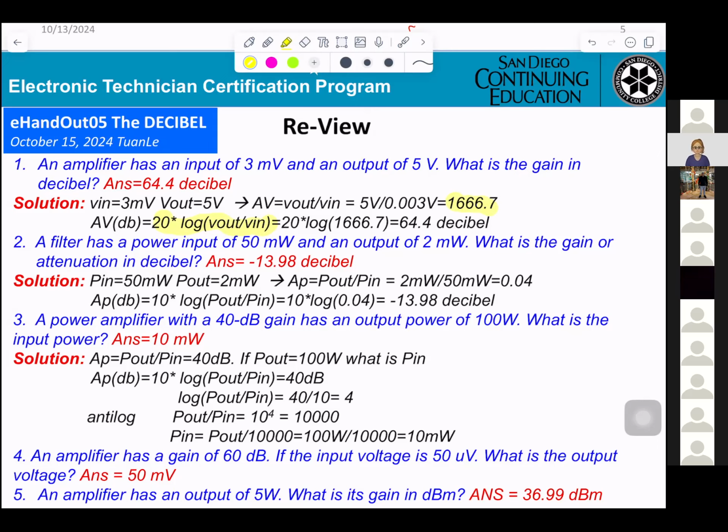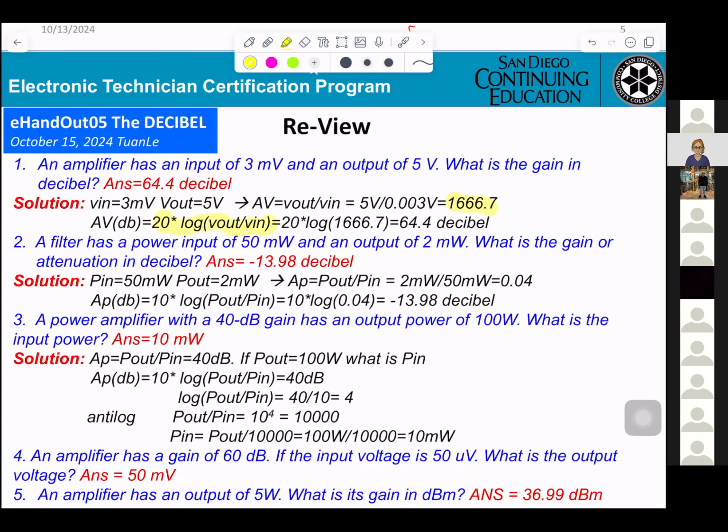And the next one, a filter had power input 50 milliwatt, output 2 milliwatt. What is the gain or attenuation in decibel? You understand attenuation? That means loss.